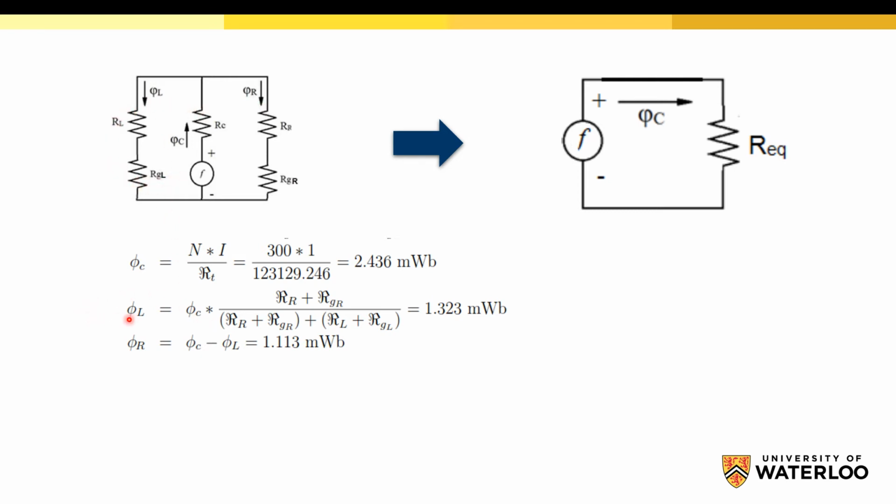So by using the current divider rule, we can calculate the flux in the left and the flux on the right, or we can subtract the calculated flux from the total flux to calculate the flux on the right side.